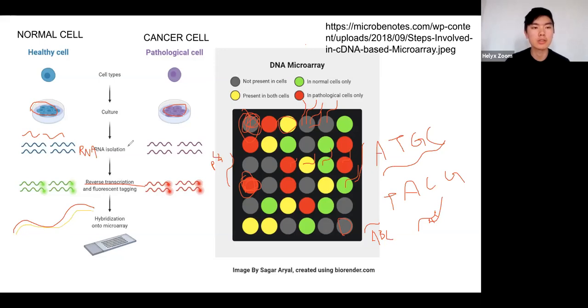This makes a lot of logical sense. Remember when we go from DNA to RNA, it's called transcription. So when you're going from RNA to DNA, it's reverse transcription. So now instead of having RNAs, we have a bunch of DNAs. And you're going to add a fluorescent little tag onto the end of each DNA strand. And I'll explain why this is important in a second.